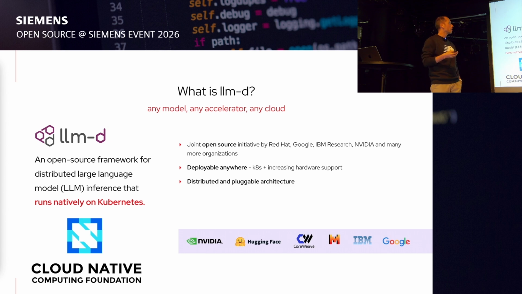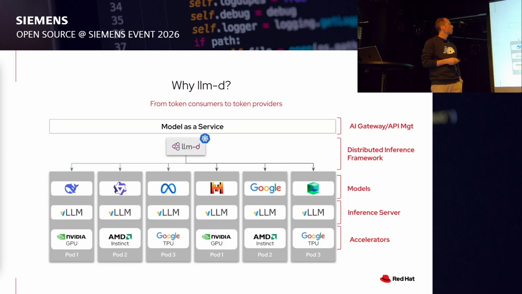So we need something that you can use with any model on any accelerator. Accelerator is just a GPU, for those that don't know, on any cloud, because we want to avoid vendor lock-in. And llm-d is part of this story. llm-d recently joined the CNCF as a sandbox project, so that's about trustworthiness, which I think was a big theme in the last talk as well. We're trying to do that.